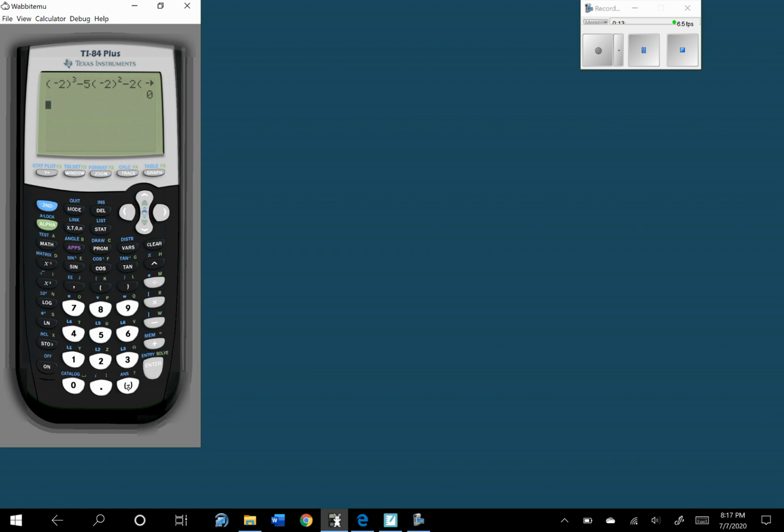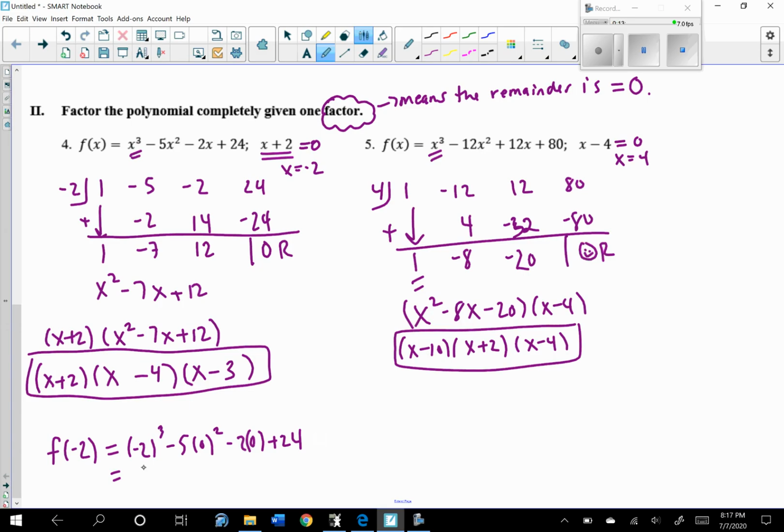And again, that's because it's an x-intercept on the graph. So f of negative 2 is equal to 0 because on the graph, the x-intercept is negative 2 comma 0, because remember, if it's a factor, that means it's a solution, which means it's the x-intercept of our graph. So just another way of checking your work.